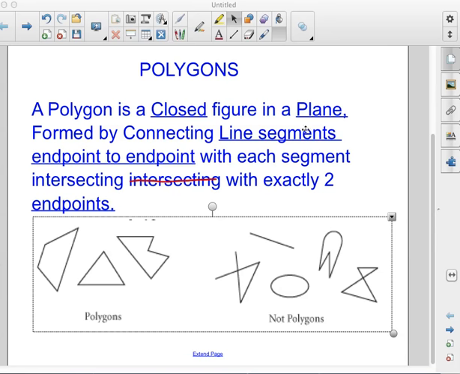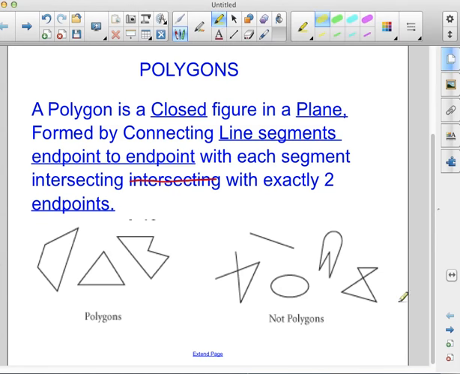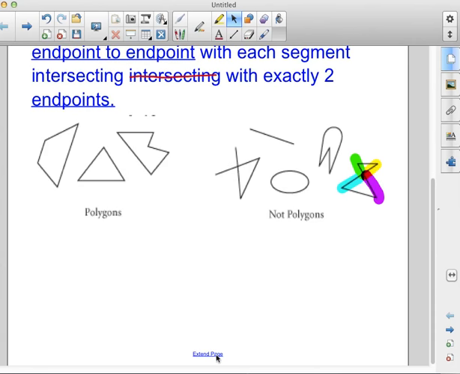And if you notice this one here, we have 1, 2, 3, and 4. We have 4 segments connecting to one endpoint there. And that's why that's not a polygon. So we can see what a polygon is, and we can see what a polygon isn't.